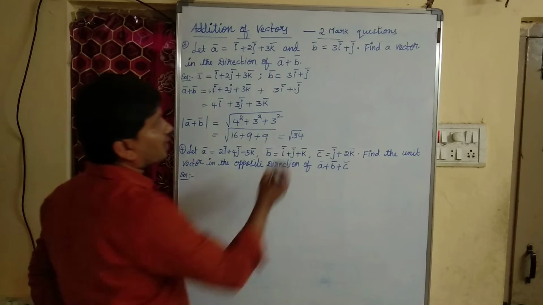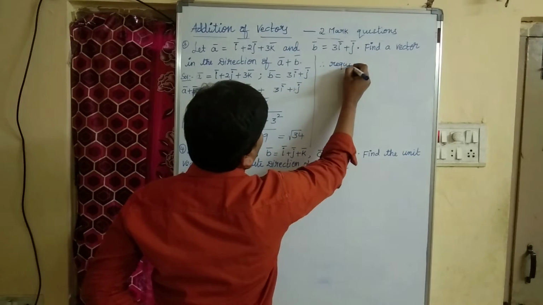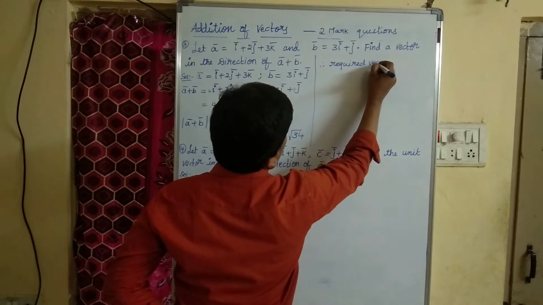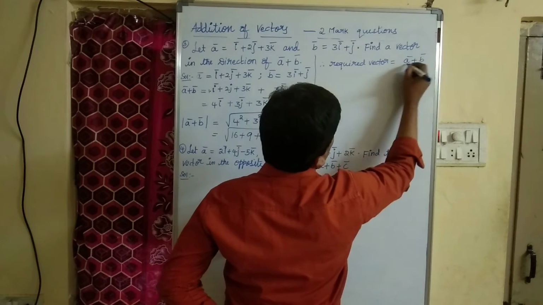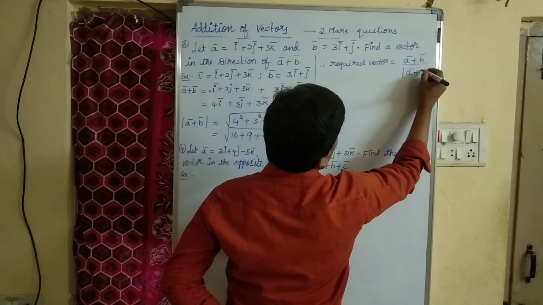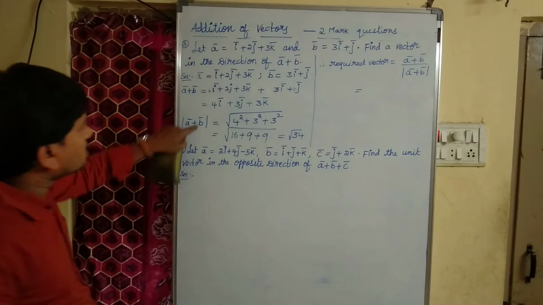Okay, therefore required unit vector is equal to A bar plus B bar by modulo of A bar plus B bar. So what is A bar plus B bar?